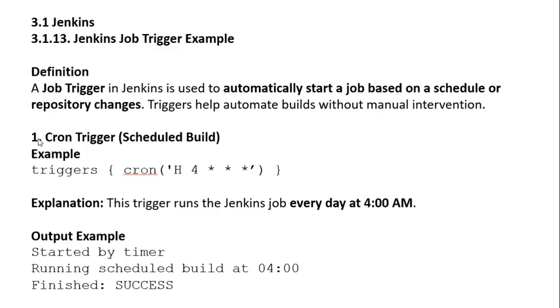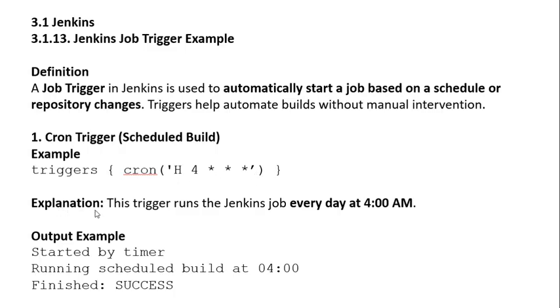The first one is the cron trigger, which schedules a build. triggers, curly braces, inside it cron, brackets, inside single quotes H 4 and three stars, and all the braces close.